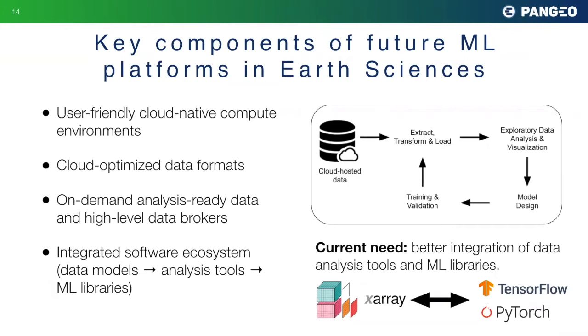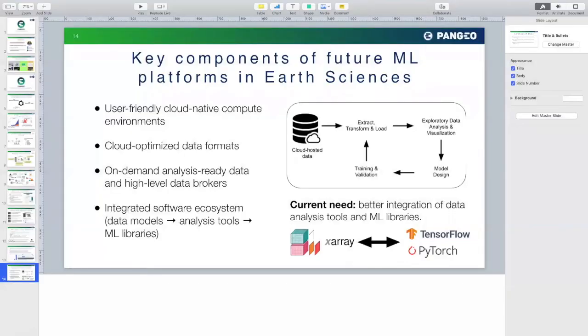And then what I didn't spend a lot of time talking about is this integrated software ecosystem where we can use high-level data models, analysis tools, and machine learning libraries to create this life cycle, a research cycle of machine learning. And that's where we're spending a lot of time right now, really focusing on these interactions between those analysis libraries. And that's all. Thank you.